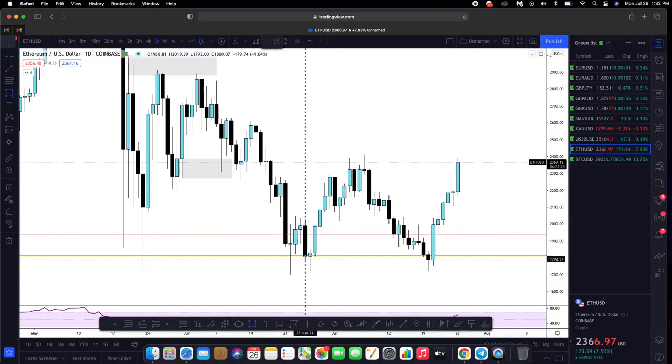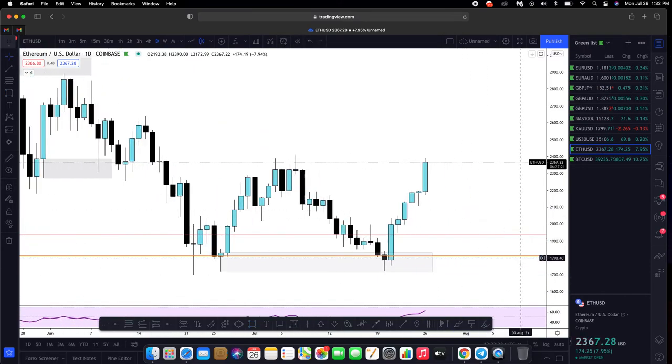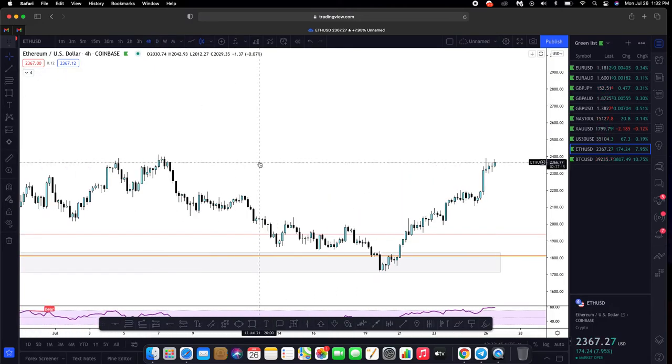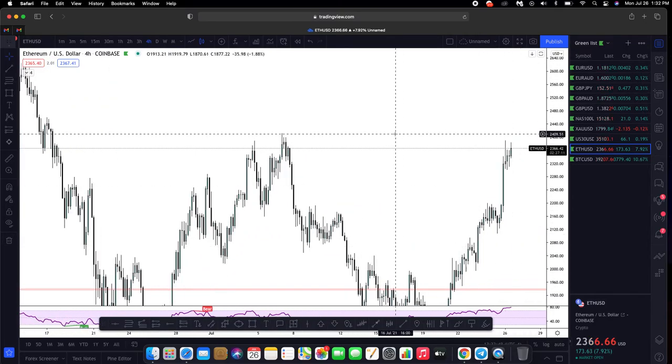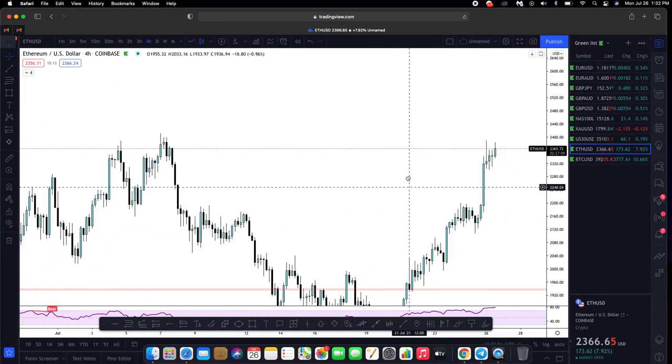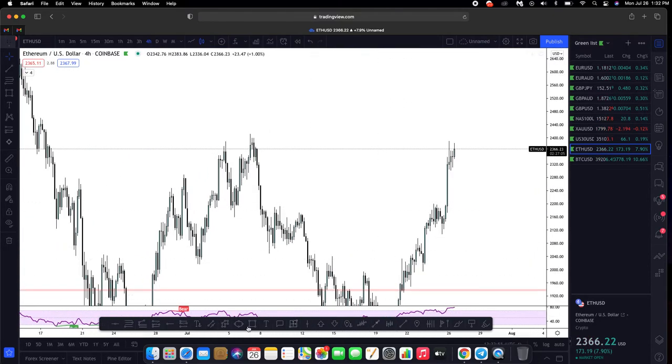So let's see. On Ethereum daily time frame, we had this reaction to this zone right here. The market then ran up, has not retraced since on the daily time frame, right? For our time frame, I'm pretty sure this uptrend is going to continue. The market could do one of two things, right?